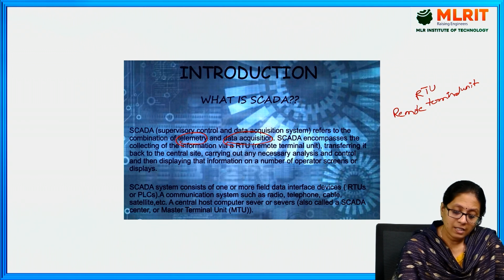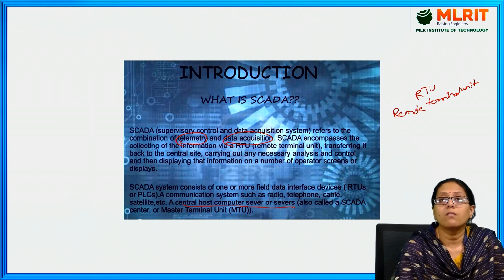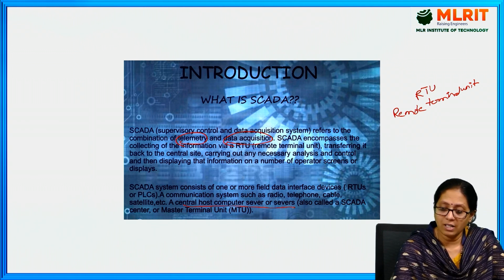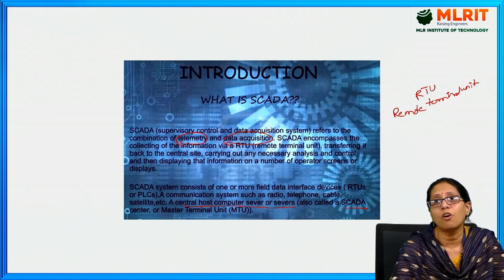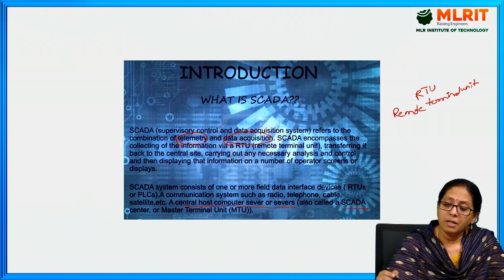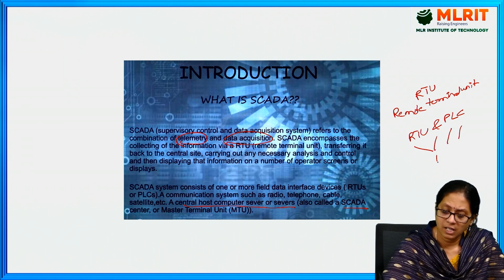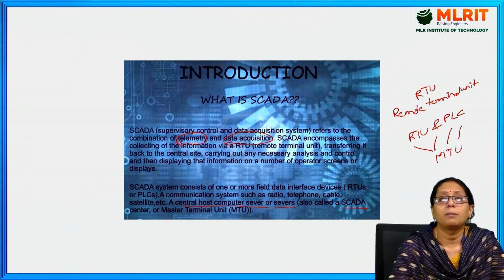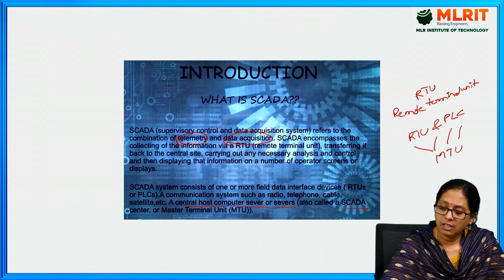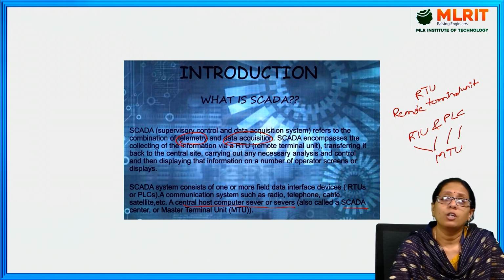The central host computer server or servers is called a Scada, and one more name for this is master terminal unit. The unit which controls different types of RTUs as well as PLCs is nothing but the MTU, that means master terminal unit.